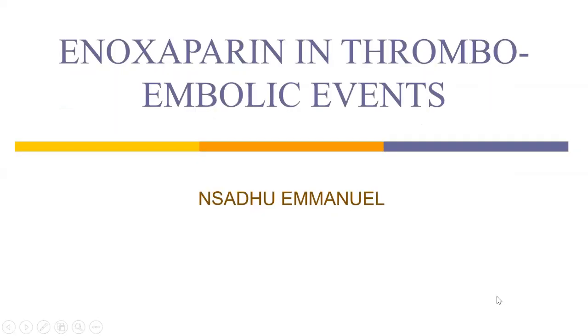First of all, before we understand what enoxaparin is and what it does in thromboembolic events, it is crucial for us to know what the thromboembolic events are. So normally, we shall begin by knowing what a thrombosis is.